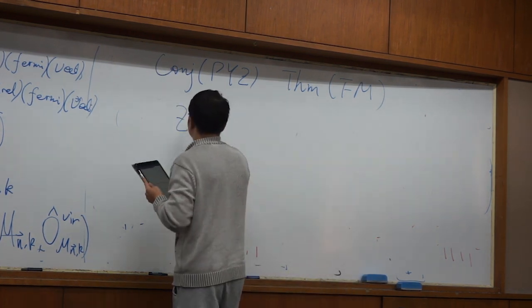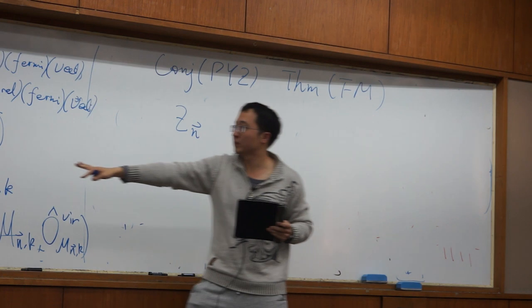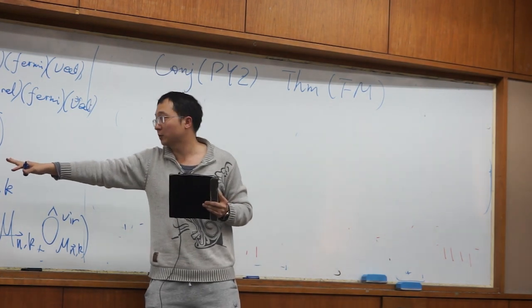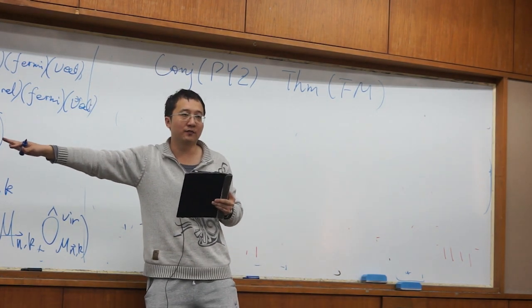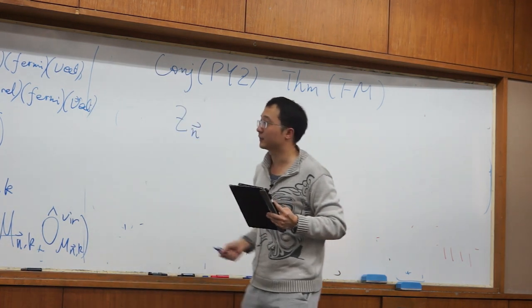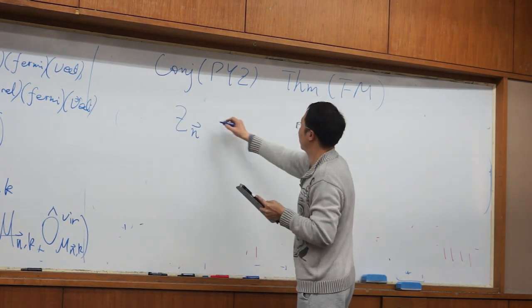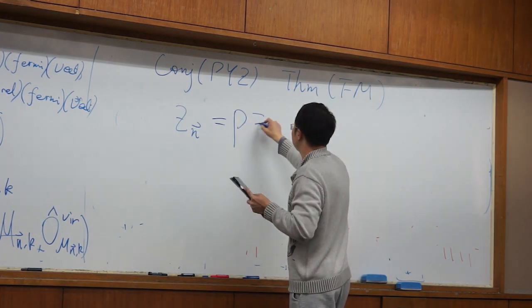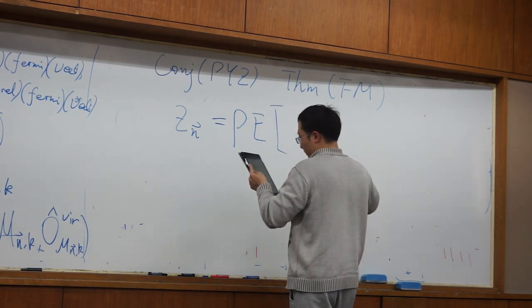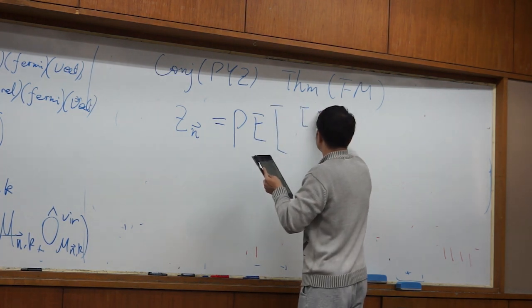Remember, it's the total partition function, which depends only on the n vector, because I already summed over k. It can be written as a plethystic exponential of this actually very simple form.